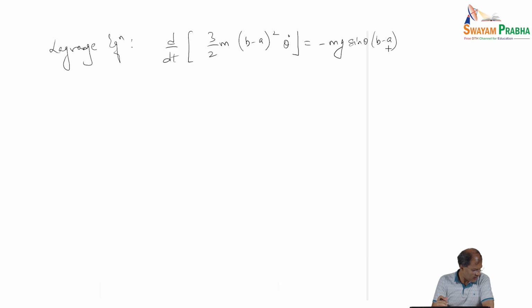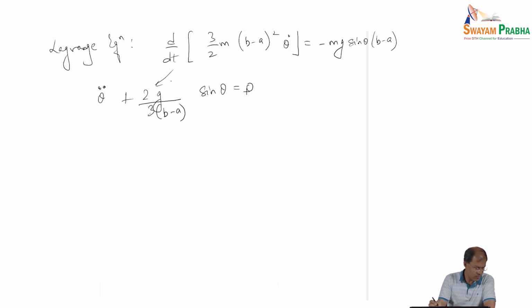When we plug everything in, our equation of motion reduces to theta double dot plus 2g by 3 times (B minus A) sine theta, equal to 0.